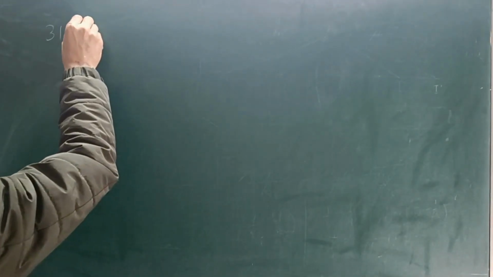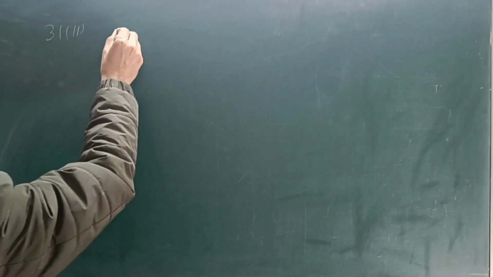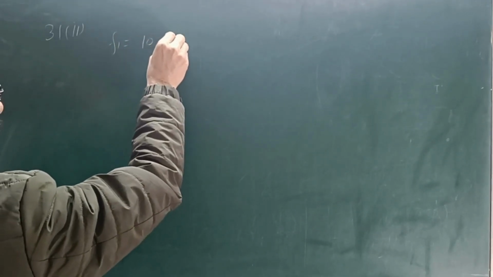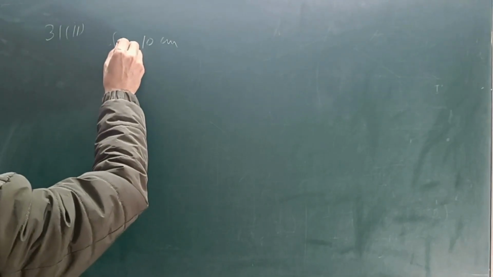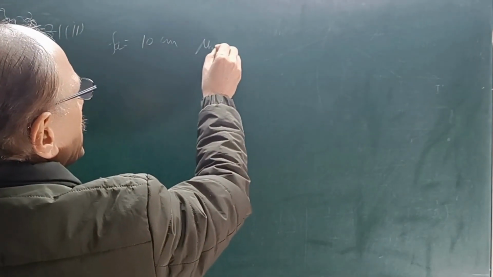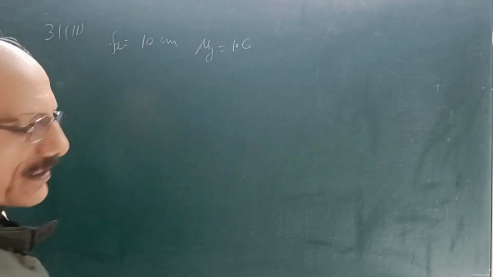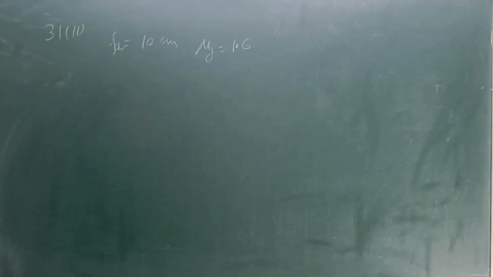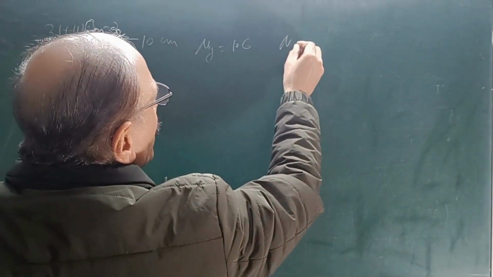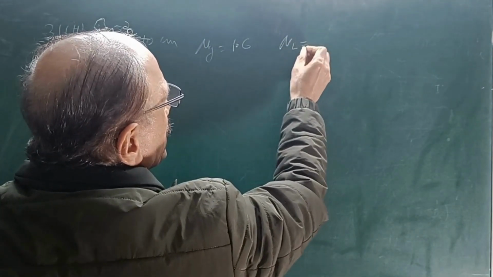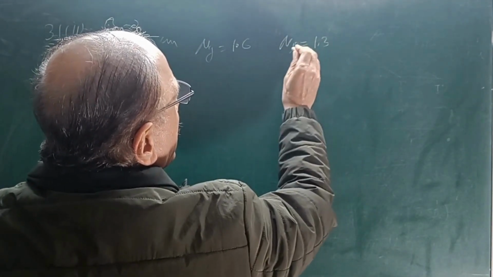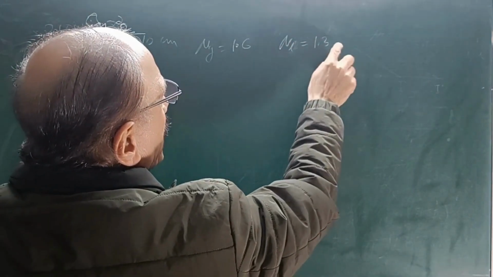Now 31st second part. A converging lens of focal length f1 is given as 10 centimeter in air, that is F air, made of a material of refractive index mu g equals 1.6, and now it is immersed in a liquid, mu L equals 1.3.